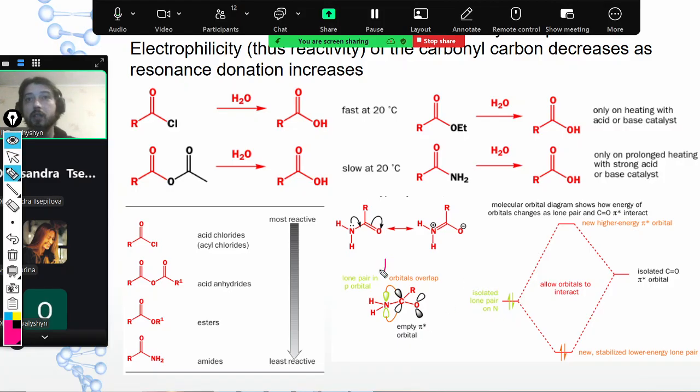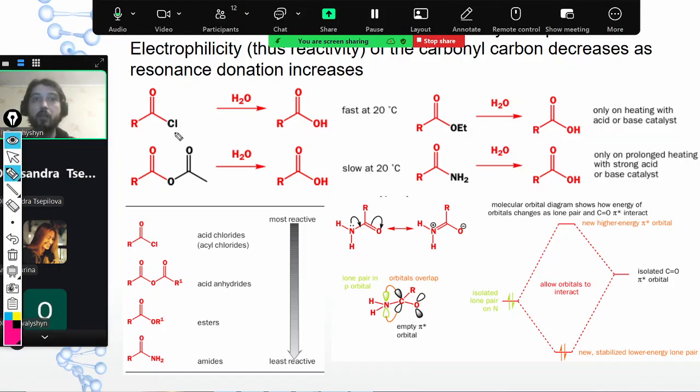Here it's nicely shown that you have a non-bonding pair on the nitrogen, and it can be partially shared with the anti-bonding pi orbital of the CO bond, and thus carbon becomes a little bit less positive, so it somewhat compensates the effect of pulling electrons. So it becomes harder to react with the nucleophiles.